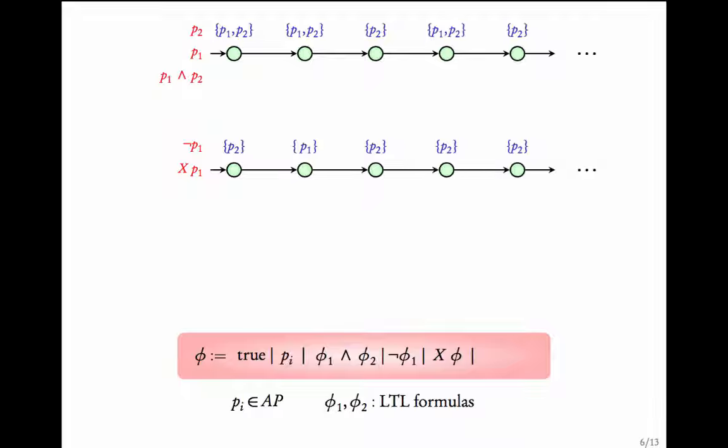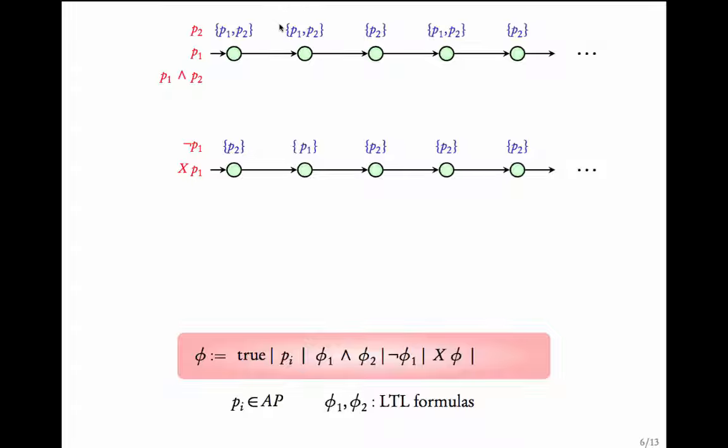Now comes the first interesting rule, which says that if phi is an LTL formula, then X phi would be an LTL formula. See, so far, when we were looking at true, Pi, phi1 and phi2, and NOT phi1, we were just looking at the first letter in the word.